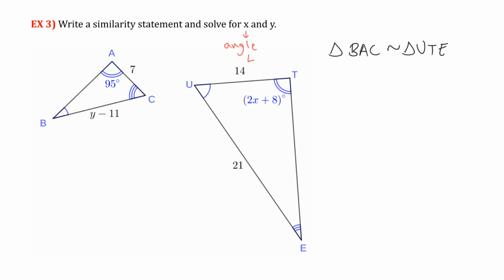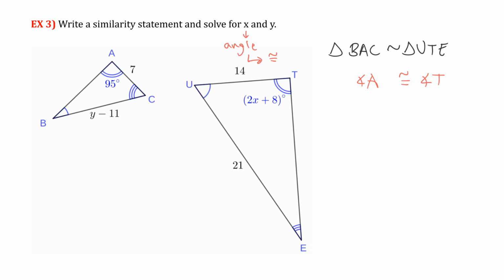And what we know about angles in similar polygons is that they are congruent. So the equation I'm going to write down is, I'm going to use angle T because x is a part of angle T, and angle T is going to be congruent to angle A. T is the second letter, and so is A. That's how I know that these two angles are corresponding.